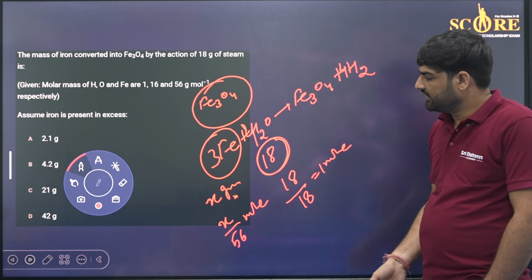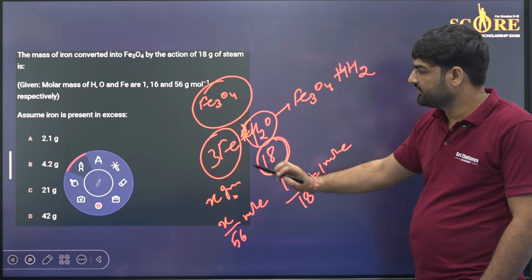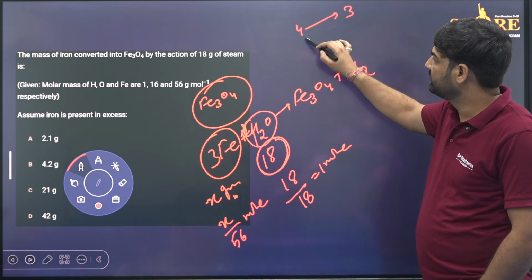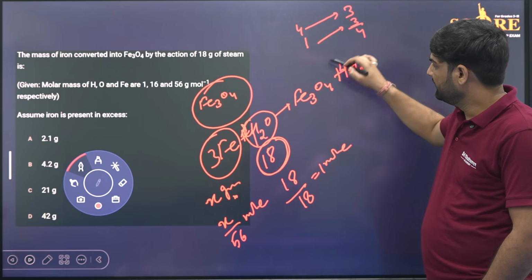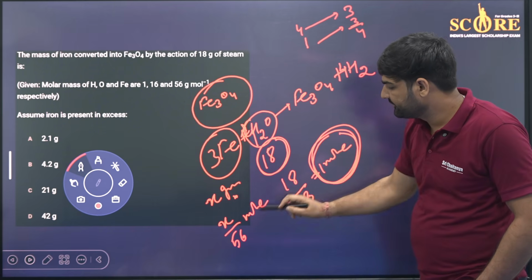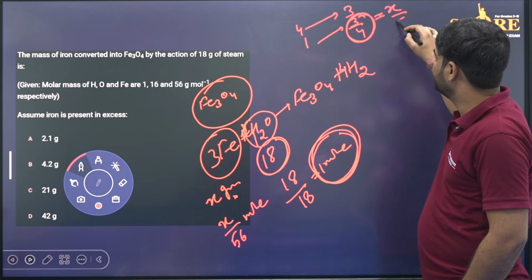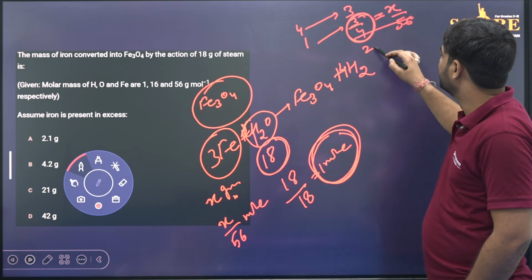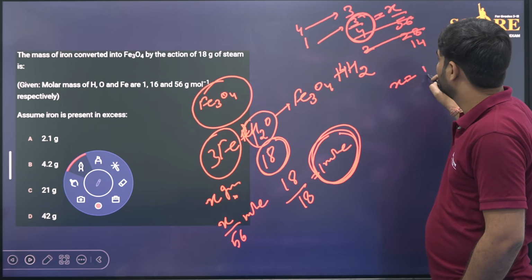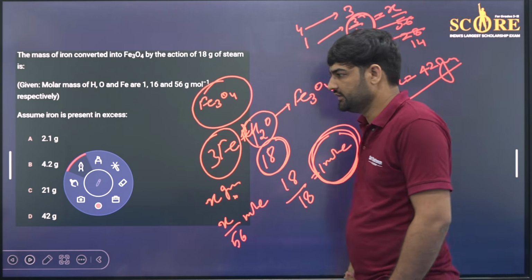Now you can say that if 4 moles of steam react with 3 moles of iron, then 1 mole of steam reacts with 3 by 4 mole of iron. This will be x by 56. Now you can calculate this: x is 42 gram. So by this we can solve it.